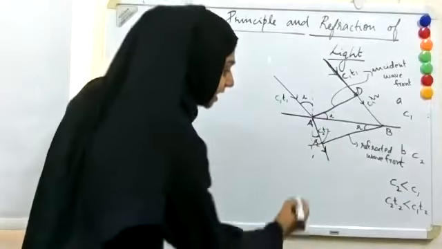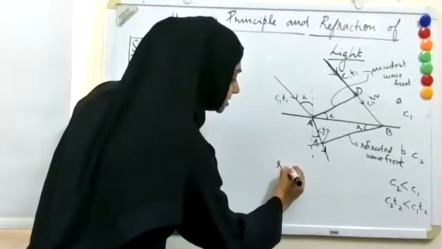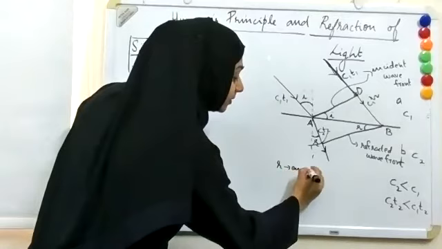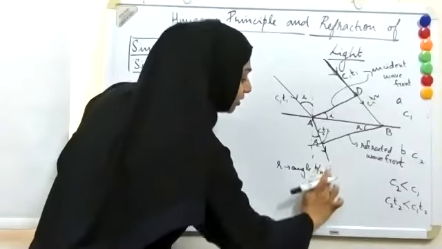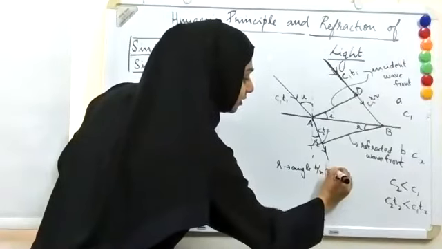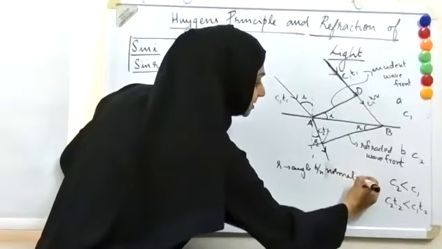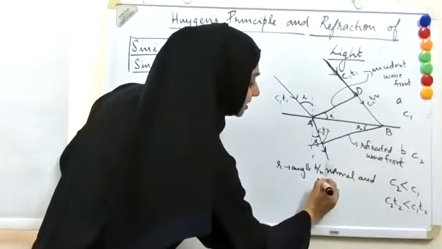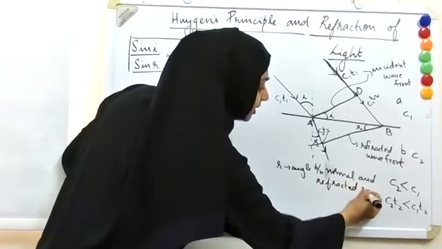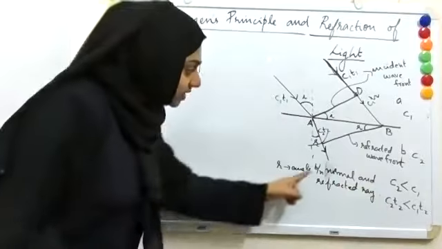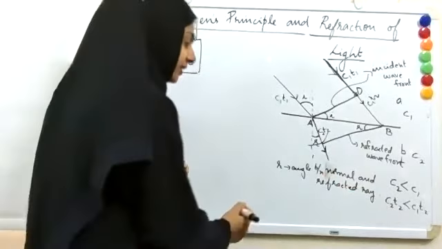R is the angle between normal and refracted ray. No doubt about this, right? Angle between normal and refracted ray.